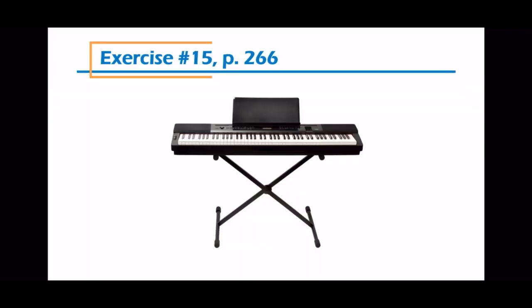Now, in closing, let me show you one question from the exercise set, one which is not going to be assigned today. Question number 15 shows this piano keyboard on a stand and states that the two legs of the stand, which are adjustable, are connected at their midpoints, and it asks you to explain why the keyboard remains level to the floor as the stand is raised or lowered.